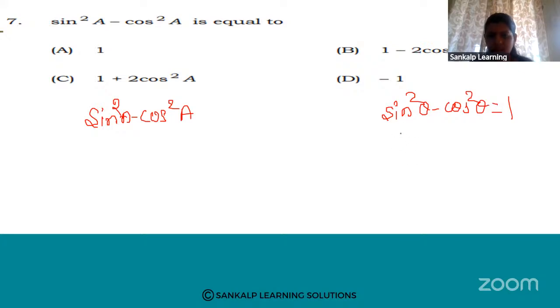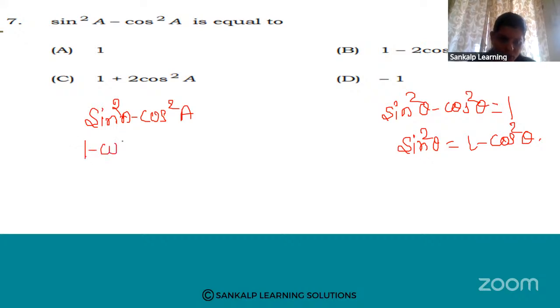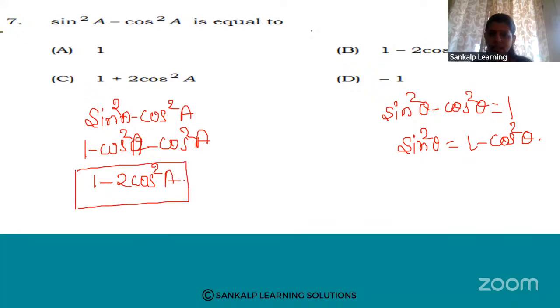So sine square theta is equal to 1 minus cos square theta. I will substitute sine square theta is equal to 1 minus cos square theta. So 1 minus cos square theta minus cos square theta, right? Theta means A is there. So 1 minus cos square A minus cos square A. That means minus 2 cos square A. So 1 minus 2 cos square A. So which option is right here? Option B is right.